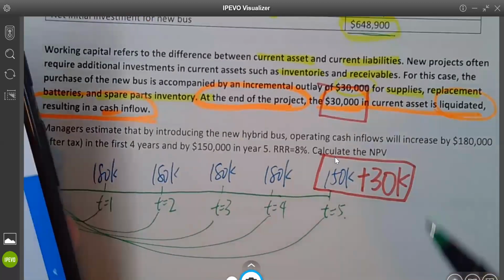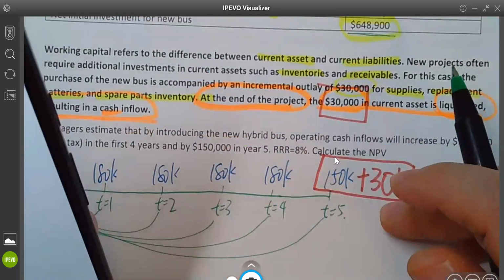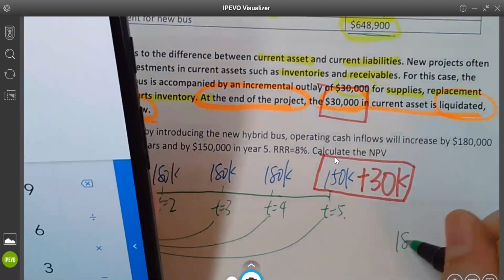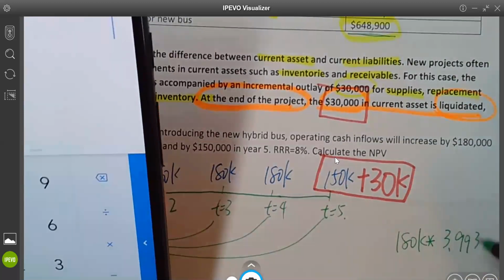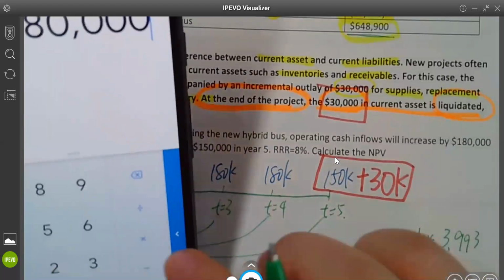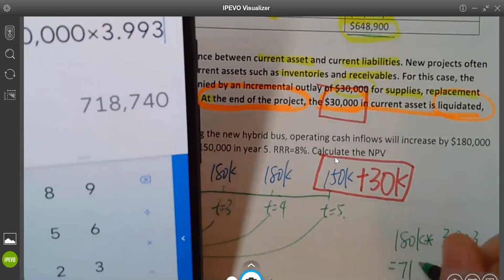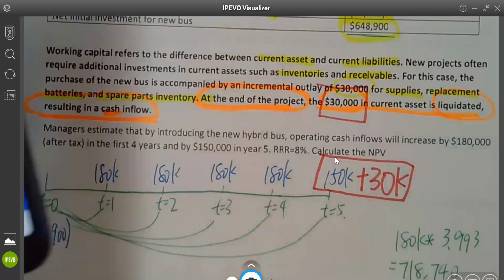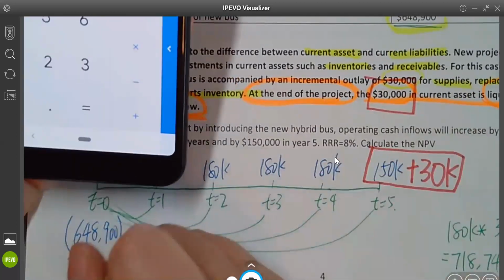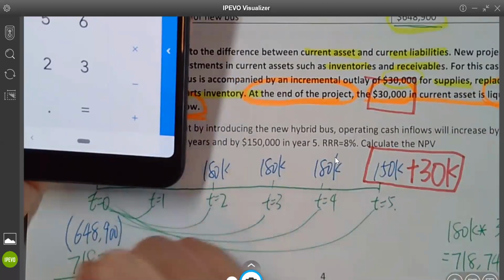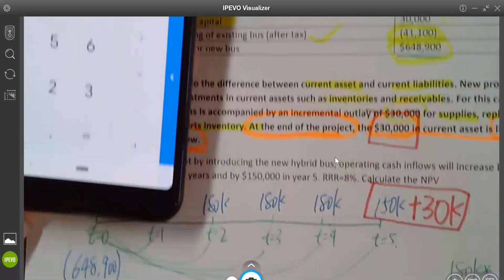So your present value of all of these 5 cash inflows will be 180,000 times our factor 3.993, which gives me 718,740. So you discount all the way back, it is 718,740. You invested, this is outflow, this is the discounted cash inflow.